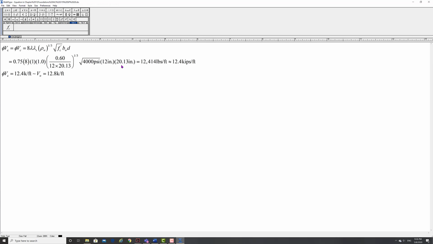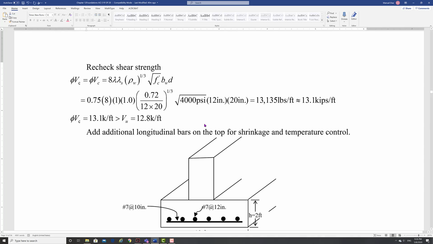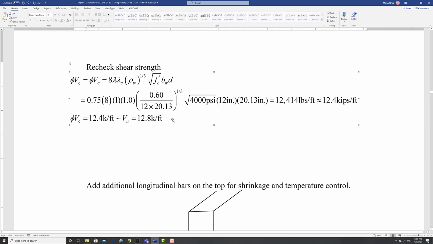Now we know that number 7 at 10 inches, which I had before, works. So that's another possibility. This is quite slow. So we increase that one by simply changing that. So here I'm going to put in, so that one will be okay. Now you don't like that, so you want to be okay.